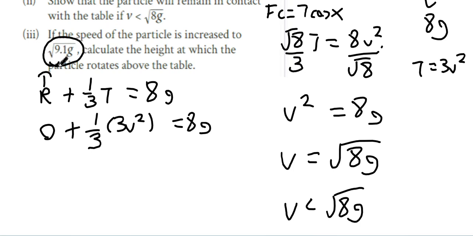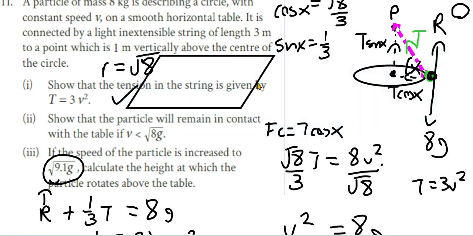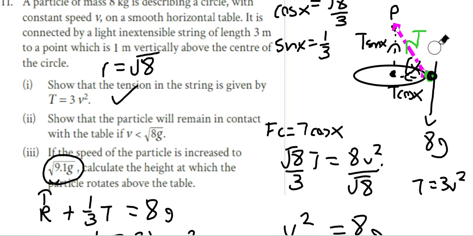Okay. Lastly, if the speed is increased beyond that point, so here's your problem now, that's your speed, which means you're no longer in contact with the table. The table is gone, because you're technically above it, aren't you? That means your R value, gone. 0 or gone, whichever way you want to treat it. Now we're going to go back to our two equations, okay?